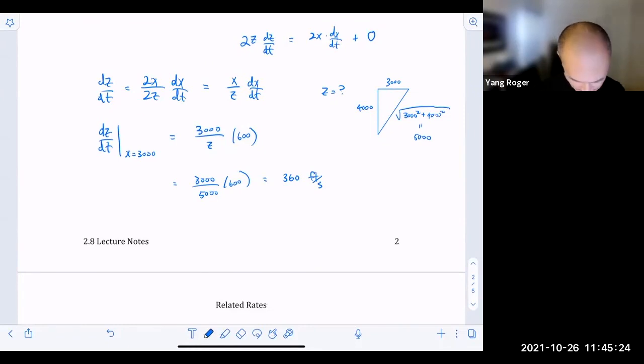Let me check that with my calculator. Hold on one sec. 3,000 times 600 divided by 5,000. 360. Okay. Cool.